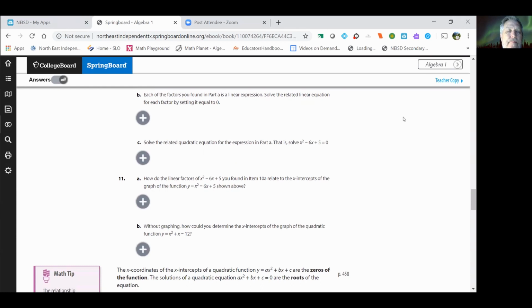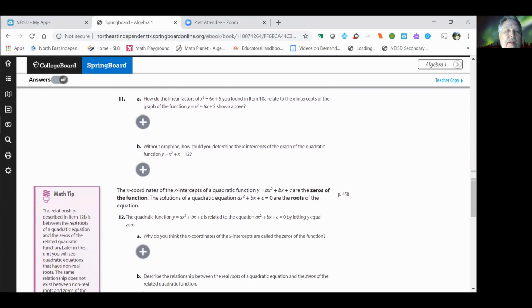Item 11. How do the linear factors of x squared minus 6x plus 5 you found in item 10a relate to the x-intercepts of the graph of the function y equals x squared minus 6x plus 5 shown above?